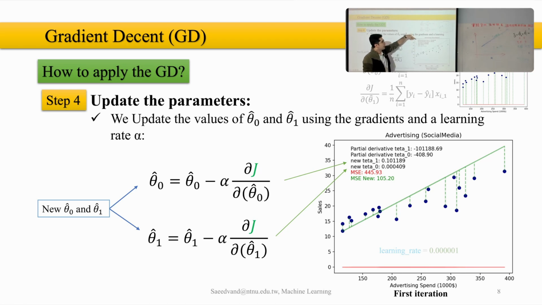Then after calculating the first stage of partial derivatives of theta 0 and theta 1, I calculate the new ones by updating theta hat 0 and theta hat 1. So one stage of doing that, you will achieve this value. Then the mean square error, that was 445, is now reduced to 105.